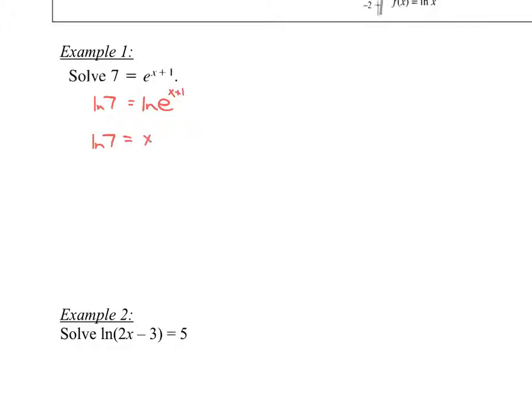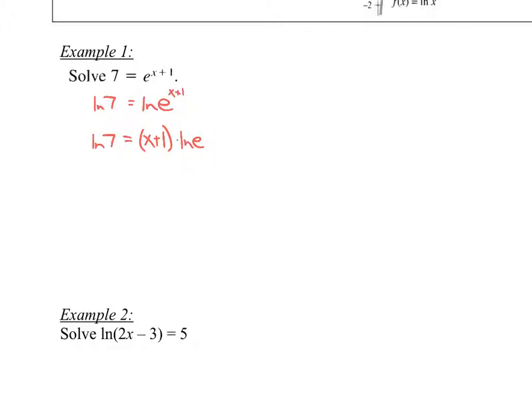Yeah, ln of 7 equals x plus 1. How you think through this logically is up to you, but if you think of this as the inverse function, the ln and the natural exponential will undo each other, and we get just the exponent left over. You could also see this as pulling the exponent out in front times ln of e, and ln of e equals 1.